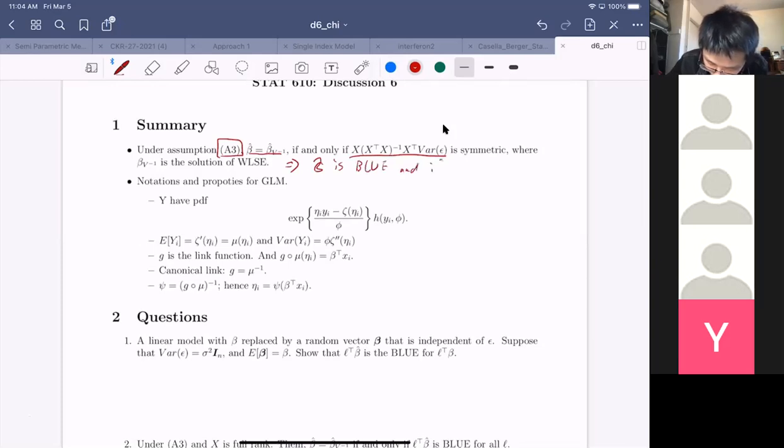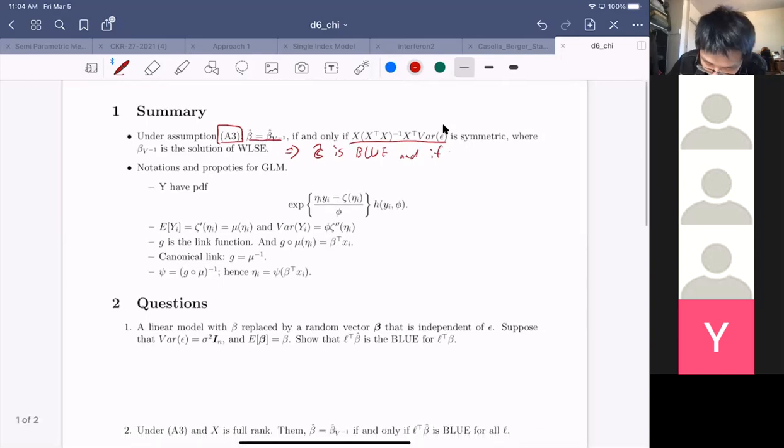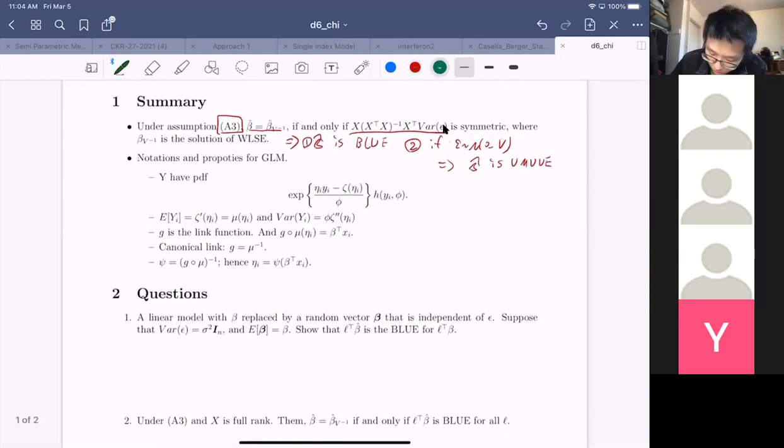And if epsilon follows a normal distribution, then beta hat is UMVUE. Okay, so we will show these two in the exercise.